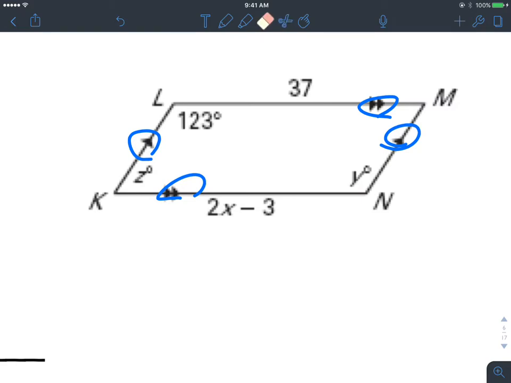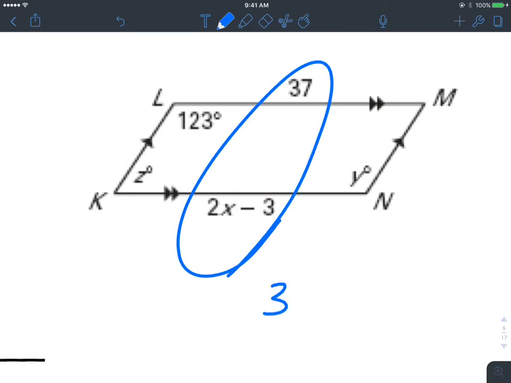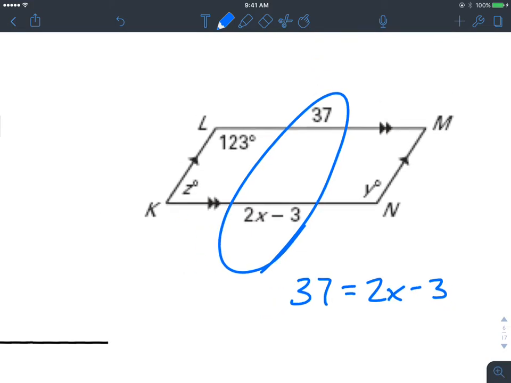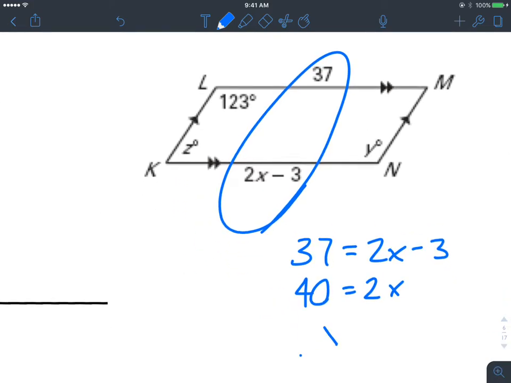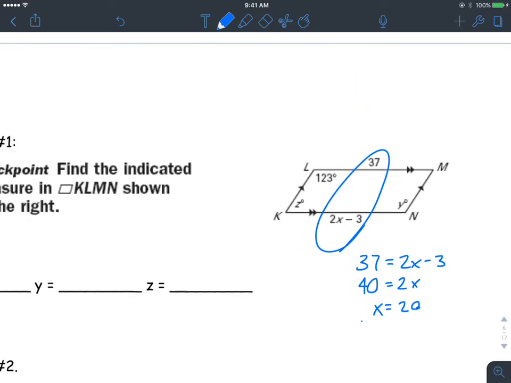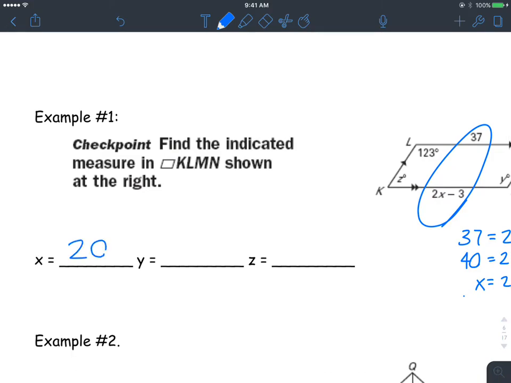So you can look at the markings. You can look at what's given to us at the very beginning. You have 37 equals 2x minus 3. And then you want to add 3 to both sides. And then divide by 2, x equals 20. Okay, so that'll give us our x value.